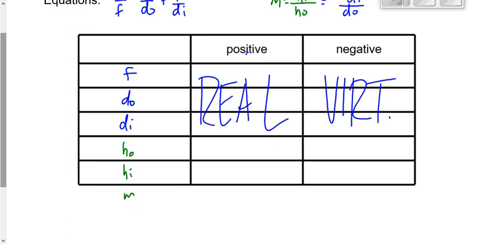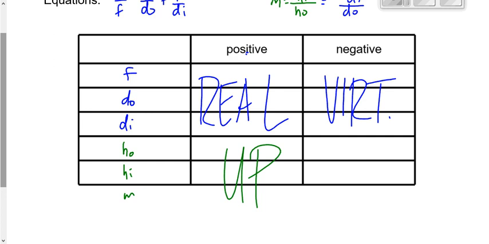Now, HO, HI, and M are not based on real or virtual. They're going to be positive if they're upright. If HO is right side up, it's positive. If the image is right side up, then HI is positive. If the image is right side up compared to the object, then M is positive.